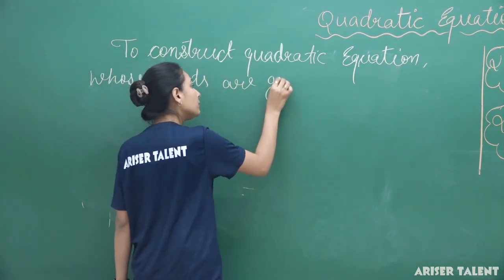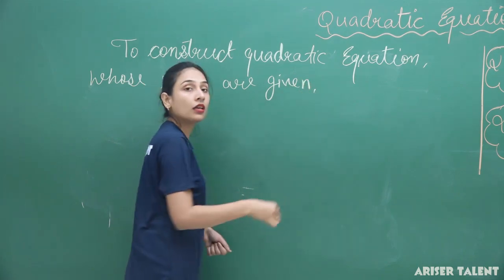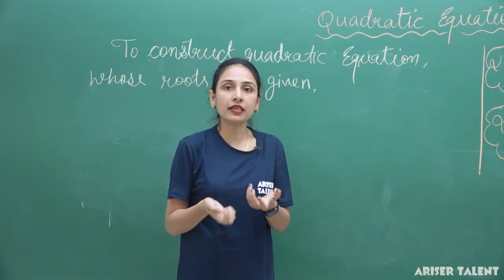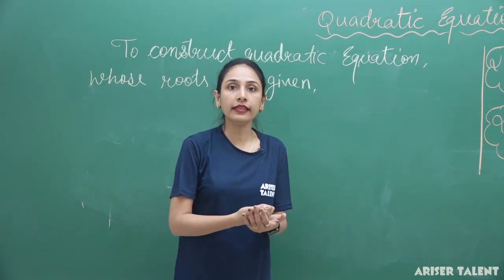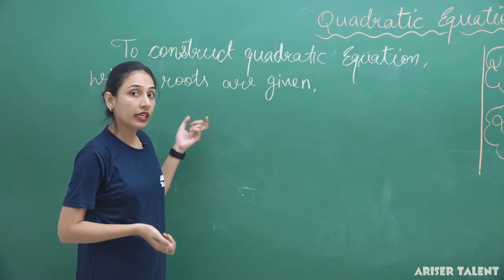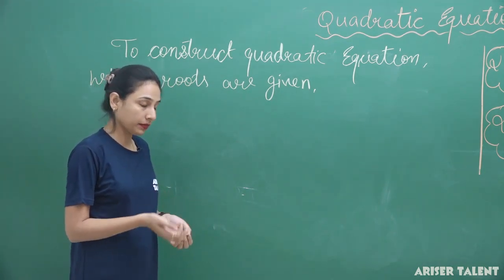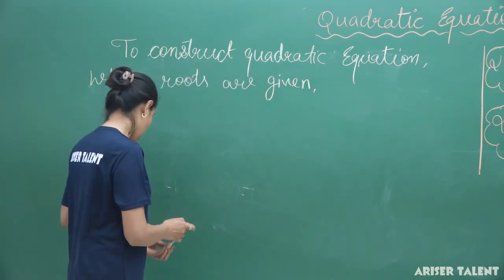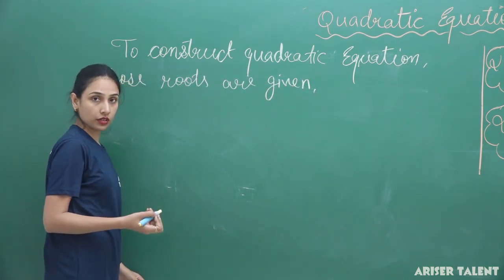Roots are given, that means, students, what is given? The alpha and the beta, the values of alpha and beta are given to you, and the examiner has asked about the quadratic equation whose roots are these. So the alpha and beta are now given.